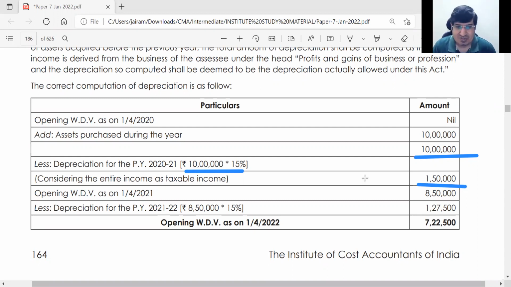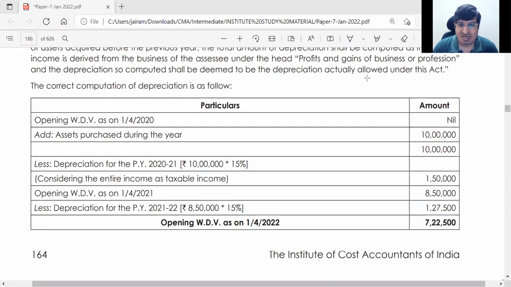You have to do it like this, and this minus your depreciation will give you your WDV. Then for the second term, do the same thing for PY 21-22. This minus this will give you this, and this becomes the opening WDV at the beginning of the next previous year.